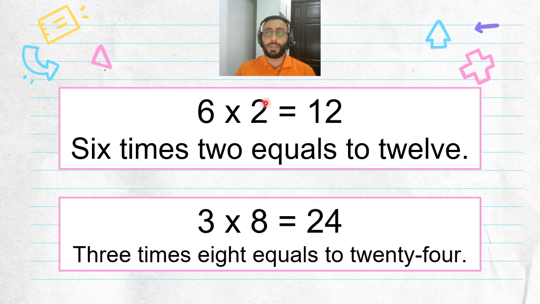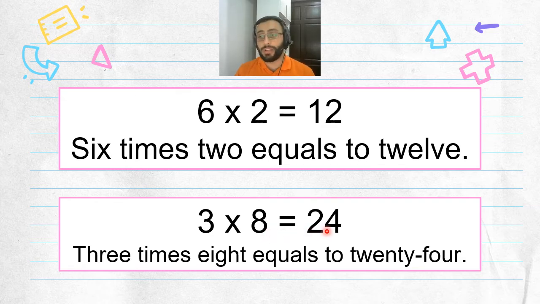Now, let's look at these ones. So we know this is 6 times 2 equals 12. So let's write it down. 6 times 2 equals to 12. Okay? 3 times 8 equals 24.